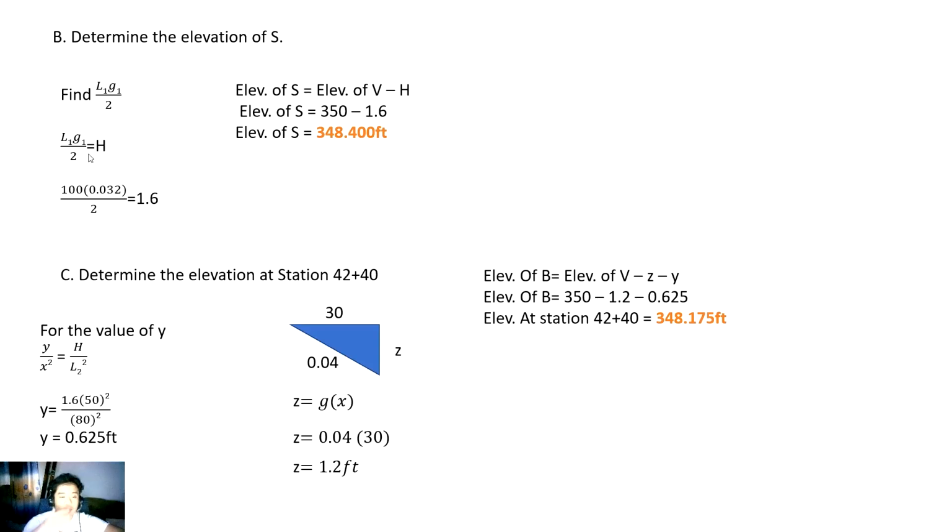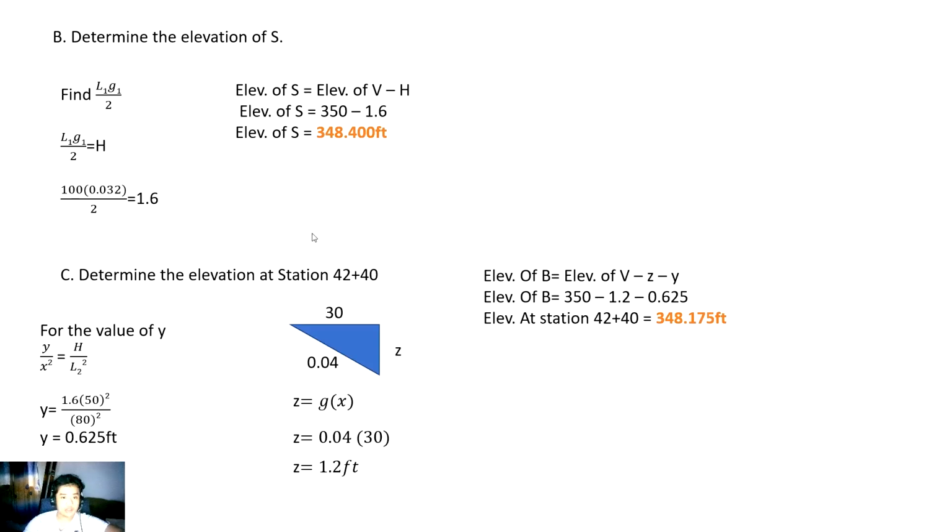Ang based dun sa formula, pag siya ay greater than sa H, ibig sabihin manggagaling siya sa PT. Pero pagka ang L1 G1 over 2 natin ay lower than H, manggagaling naman siya sa PC. So since siya ay equal sa H, ibig sabihin manggagaling siya sa vertex. Bakit? Kasi ang H laging nasa baba lang ng vertex.